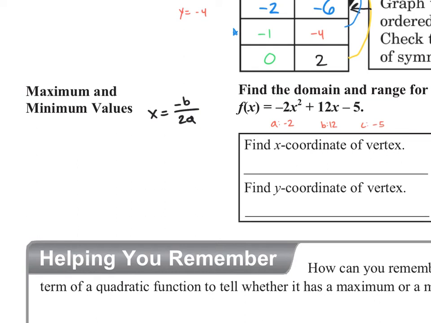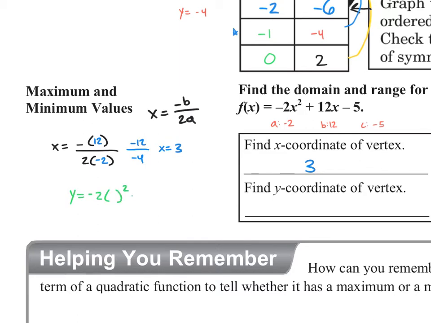So with this, what we'll have to do is plug it into the formula. The x-coordinate of the vertex will be -b divided by 2a. So we'll get a -12 divided by -4 to get that the x-coordinate of our vertex is 3. To find the y-coordinate, we need to go back to the original equation.